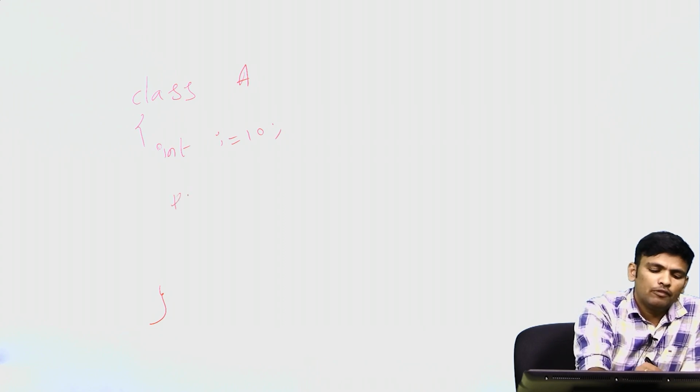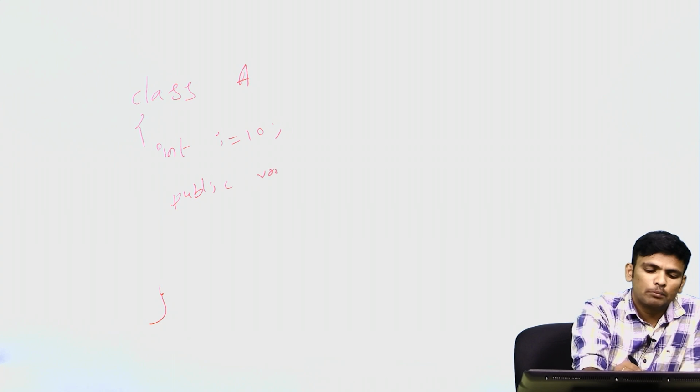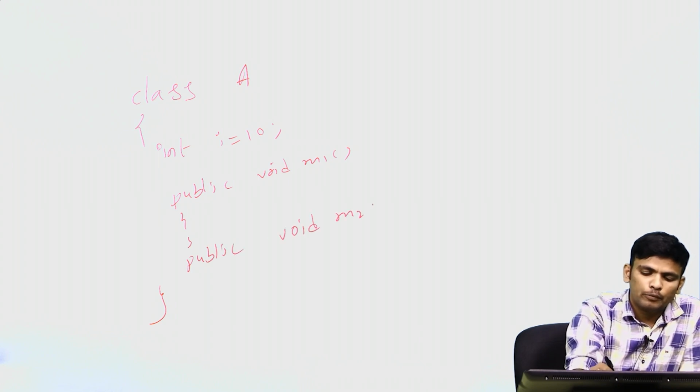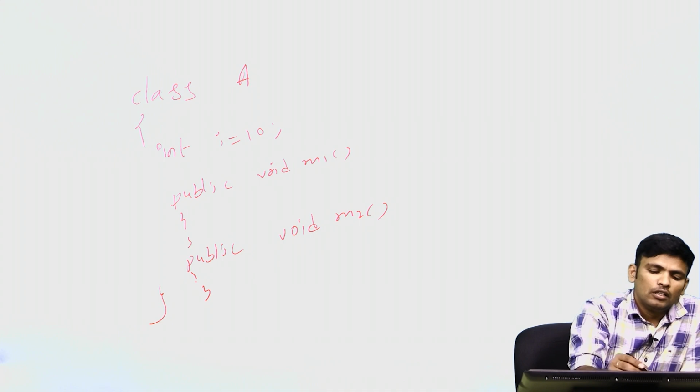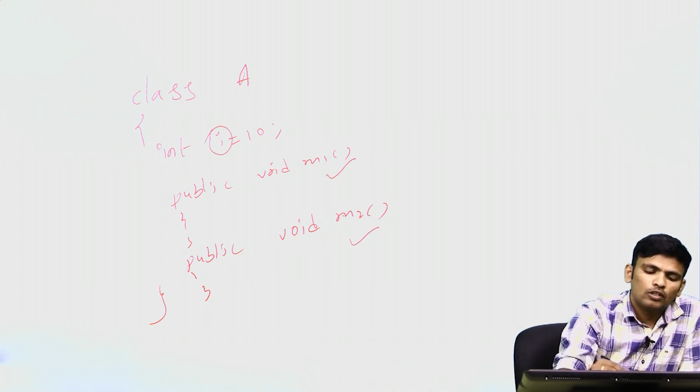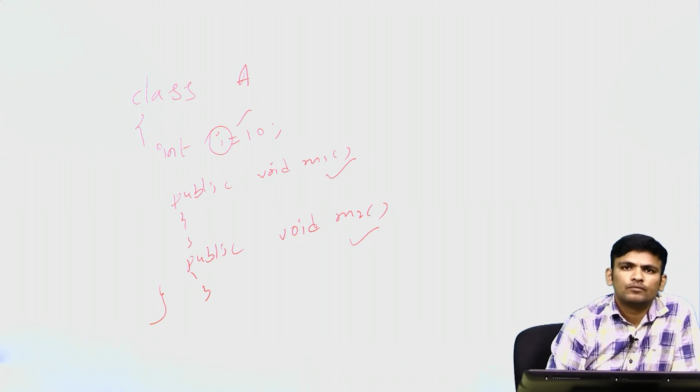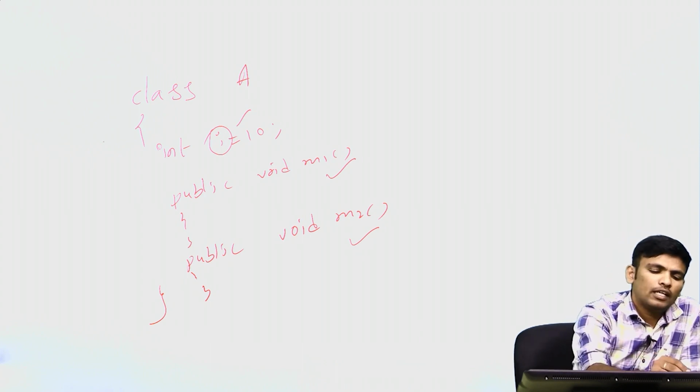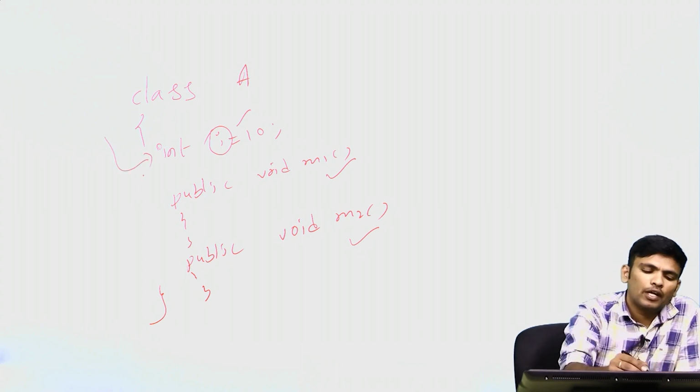Suppose in your class you have multiple methods, let's take public void m1 and public void m2. In m1 you can access this variable i, and in m2 also you can access this variable i. Once you declare an instance variable, you can access it in any number of methods.